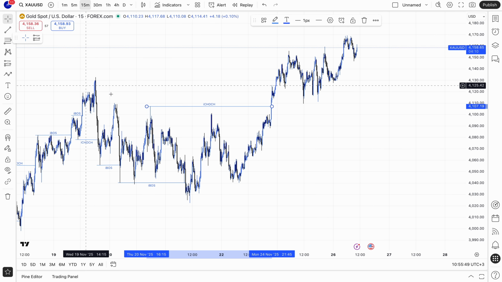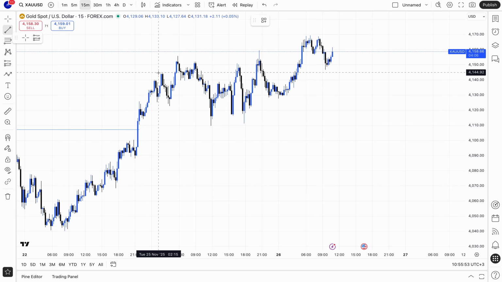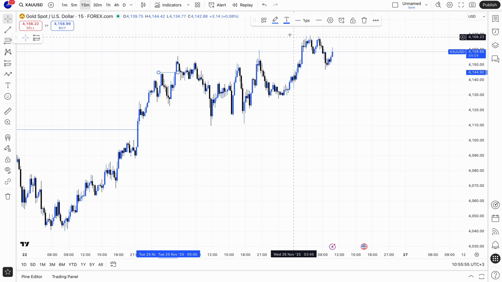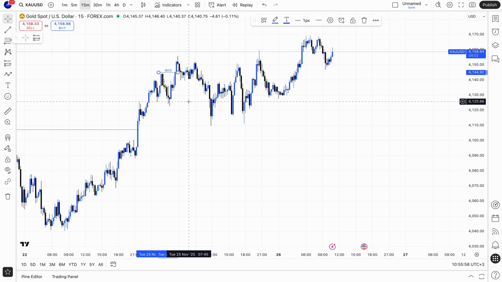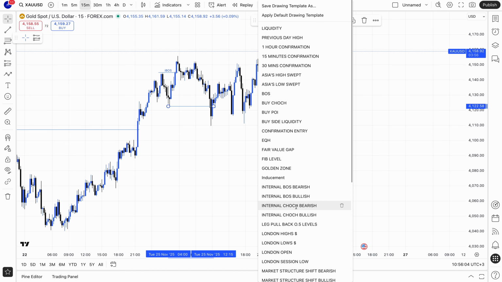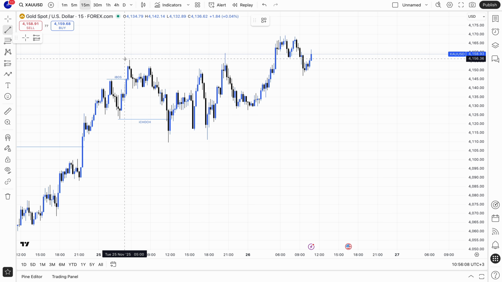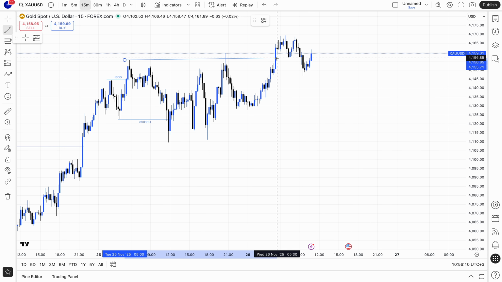And then have our break of structure to the continuation, and then you had a change of character to the downside, and then to the head our break of structure to the upside.